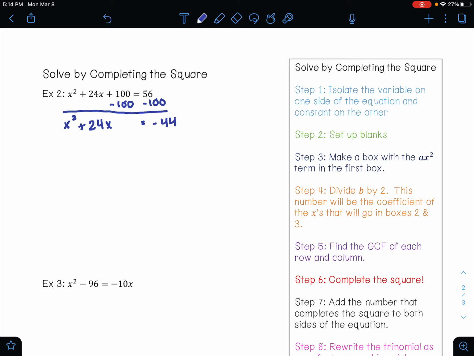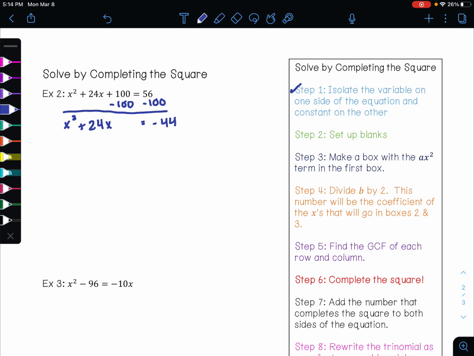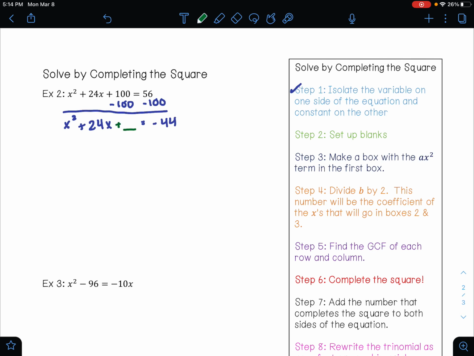So that's step 1. Step 2 is to set up your blanks. So plus blank, plus blank. In the blanks, that is where I will put the number that completes the square. I have to add it to both sides because what I do to one side, I must do to the other because I have an equation.